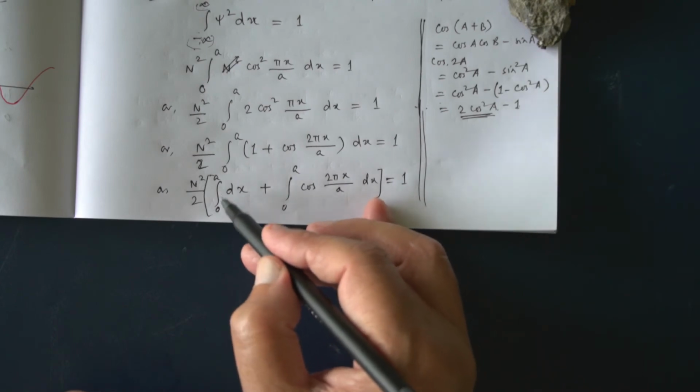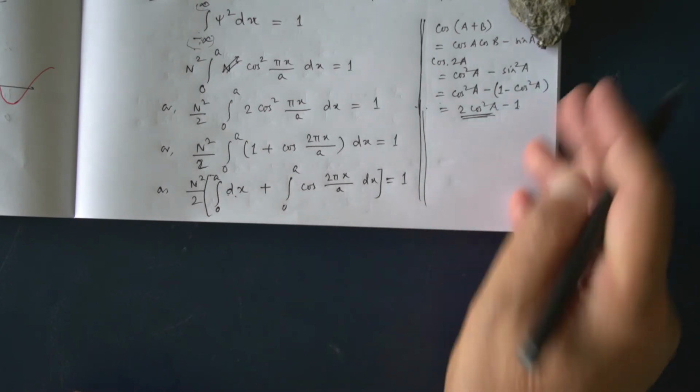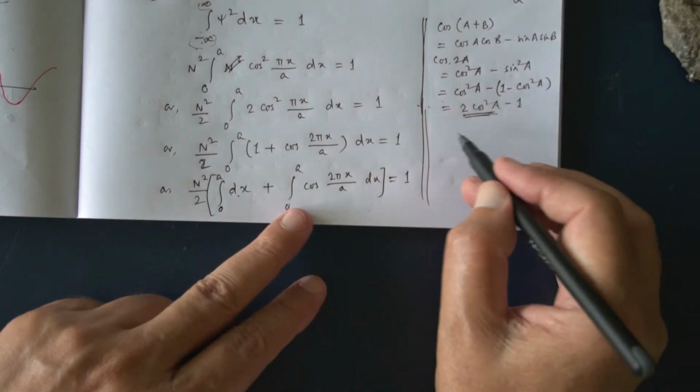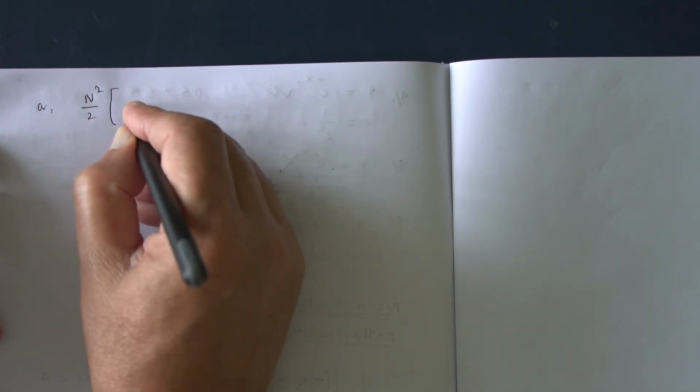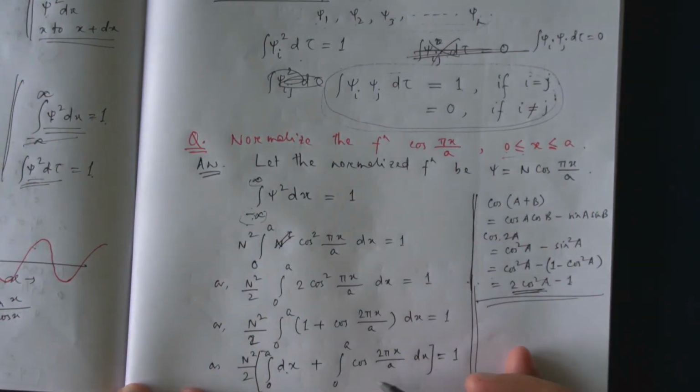Now the integration of dx is equal to a. So this will be n square by 2 times a plus this integration.